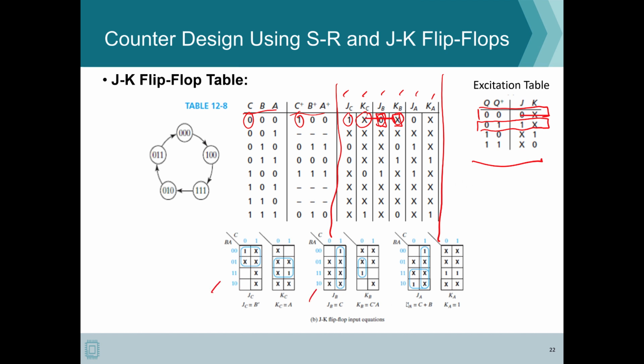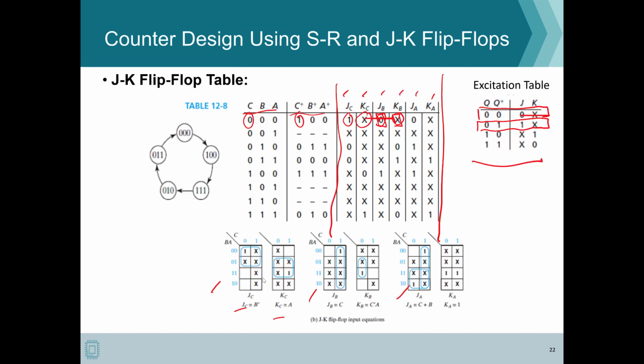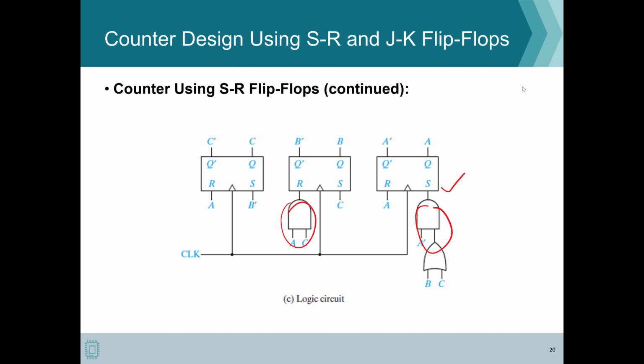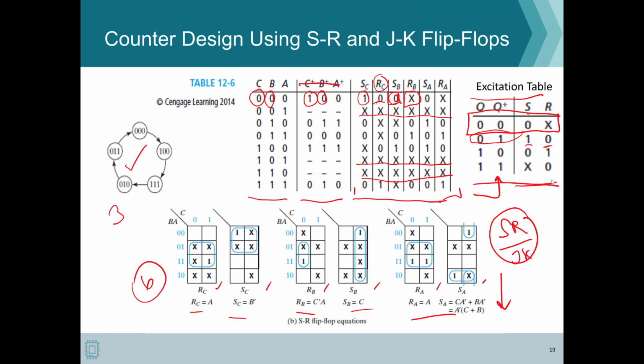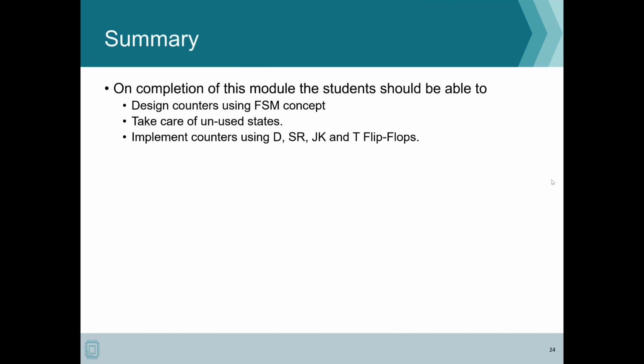So here are your K-maps for your 6 inputs, and these are your expressions. And so now you can see here again you have even more simplification. Actually, the JK flip-flop, because it introduces even more don't cares than the SR flip-flop, in general will give you the best possible solution for your design, generally an FSM design.